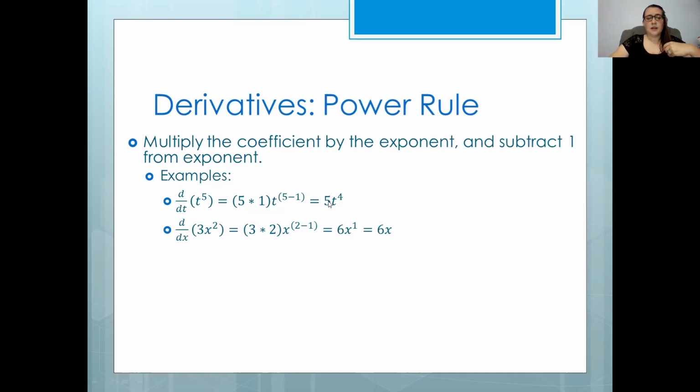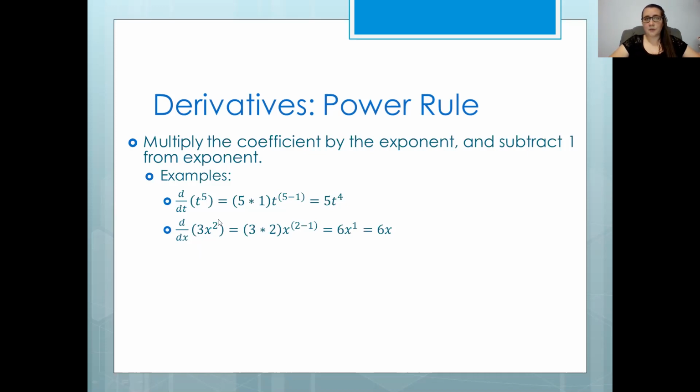Here's another example. This time we're going to take the derivative with respect to x. You can do it with respect to whichever variable you want, and it will always be given to you in the setup of the derivative which variable you're going to be looking at. In this case, it's x. So here's our function, 3x squared.